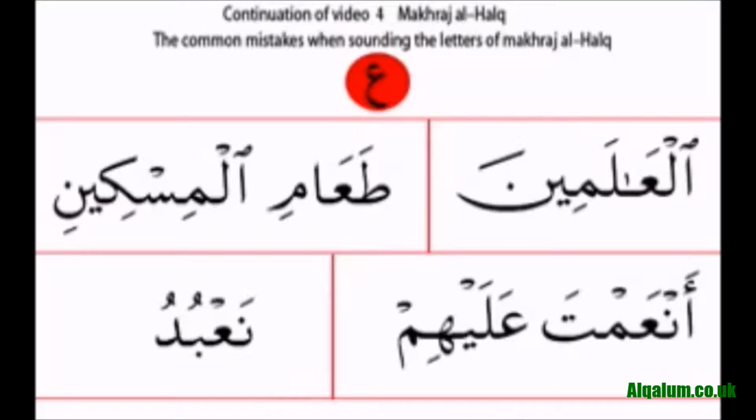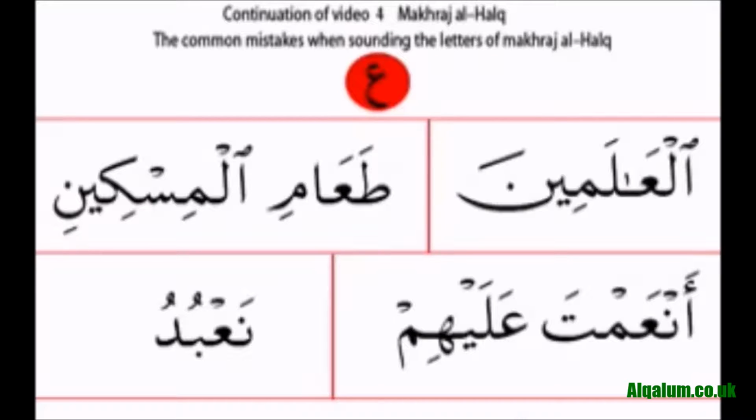It means that the attributes of each letter in the Arabic language are divided into 3 categories. One of them is called the strength, al-quwwa or ash-shidda. The second is called ar-rakhawa, or you could say da'f, weakness.